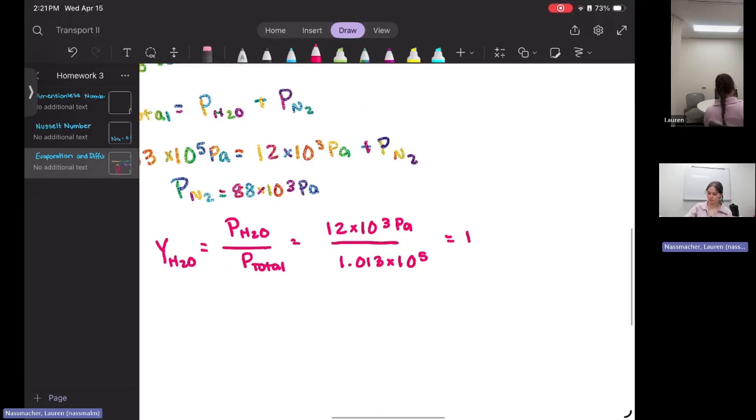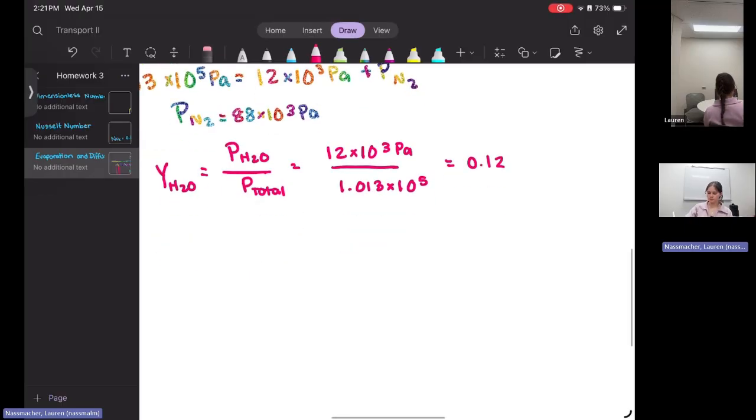That's going to get us 0.12. For our z, that is just from 0 to 1, and our y is going to be from 0.12 to 0, right? It decreases, it doesn't increase.